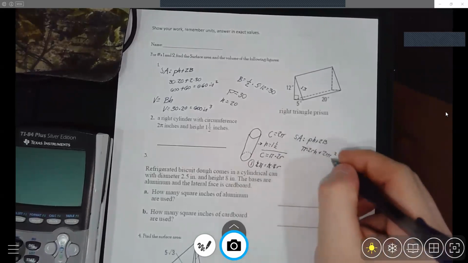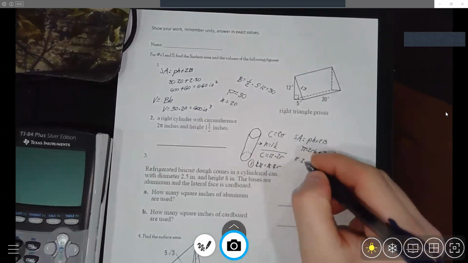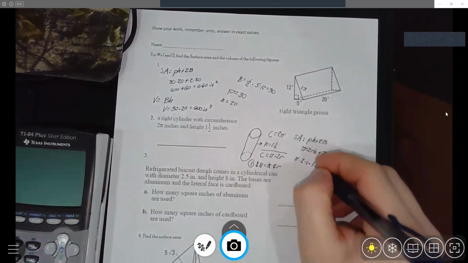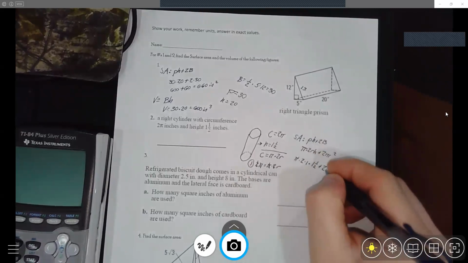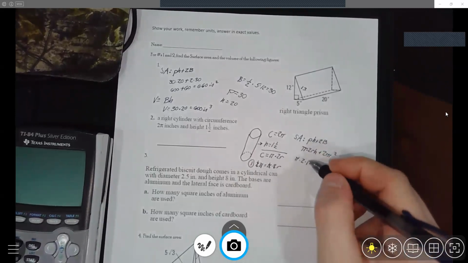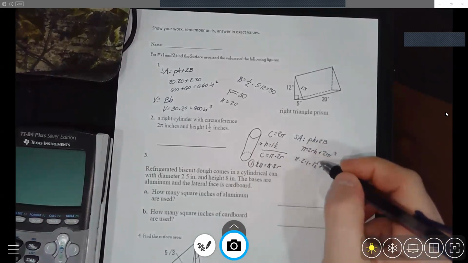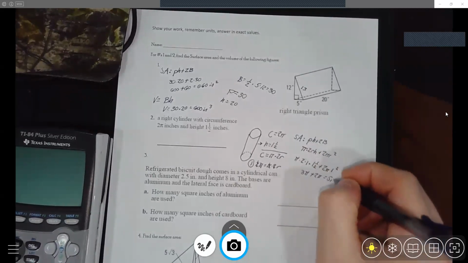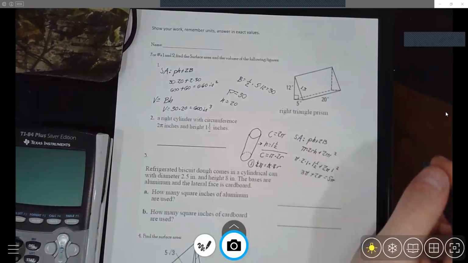So you put 1 into here, pi times 2 times 1, times the height, which is 1.5, plus 2 pi times 1 squared. So 2 times 1 is 2, times 1.5 is 3, so you get 3 pi plus 2 pi is 5 pi. And that's your surface area.